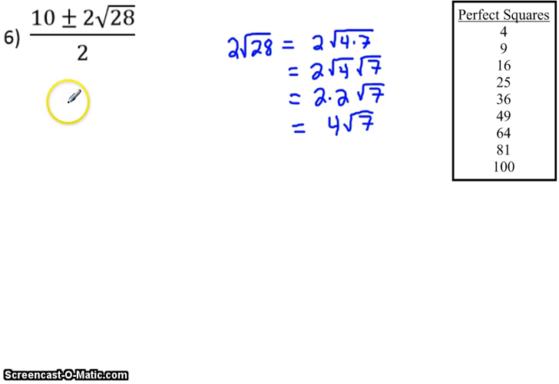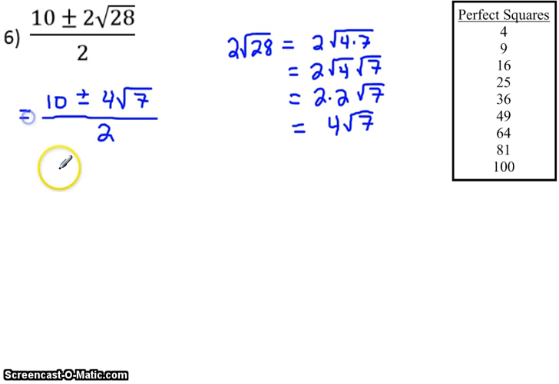And 2 times 2 is 4. So what we have here is 10 plus or minus 4 radical 7 all over 2. And we got a fraction, so we're going to look at the numerator and say, is there a GCF between 10 and 4 radical 7? And there is. Again, in this case, it is a 2. So I'm going to factor the top by pulling out the GCF of 2. 2 times what gives me 10? Well, that's 5.